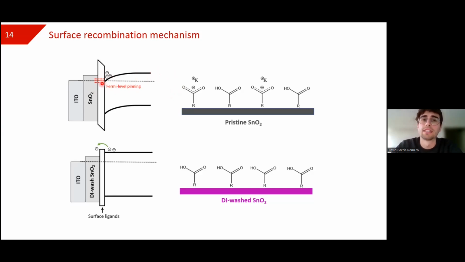And this is presenting a barrier for extraction due to the accumulation of electrons. What we are doing with the washing, we are essentially reducing this barrier for extraction, and we are maximizing the electrons that can be transported in the bulk of the tin oxide. So till here, everything made sense.